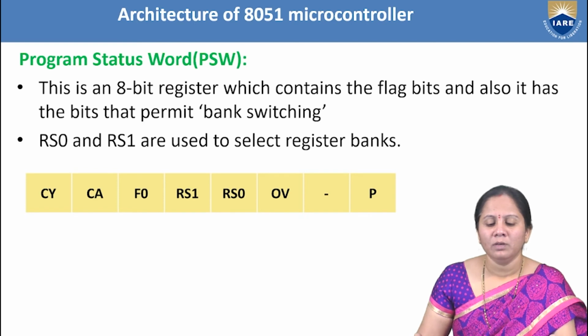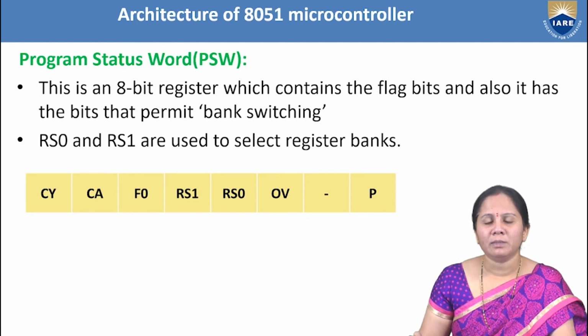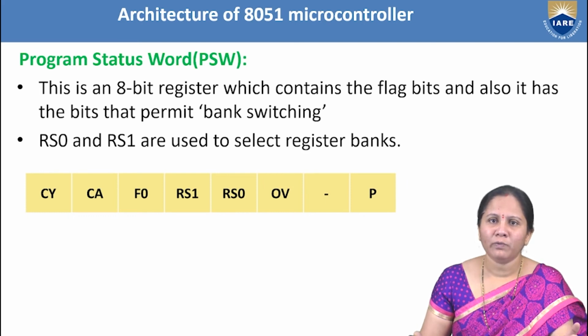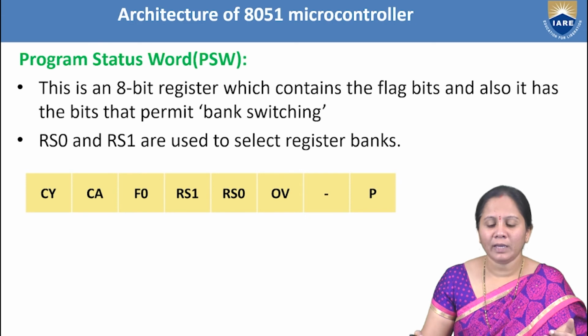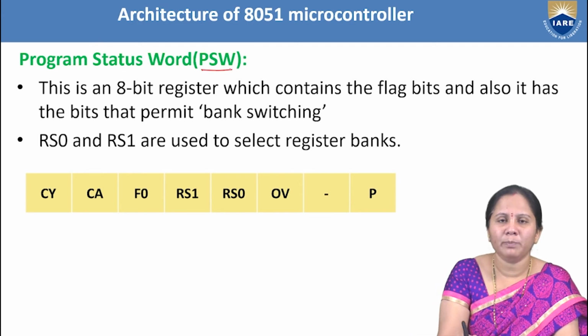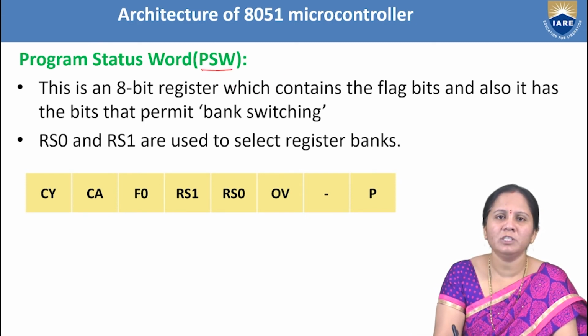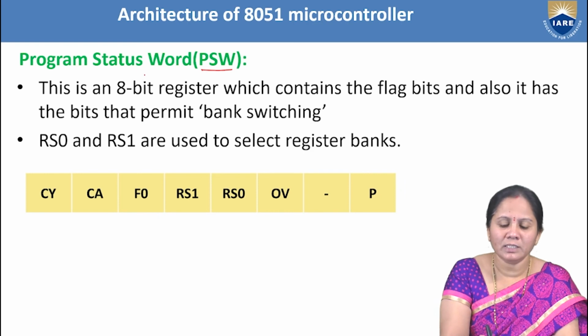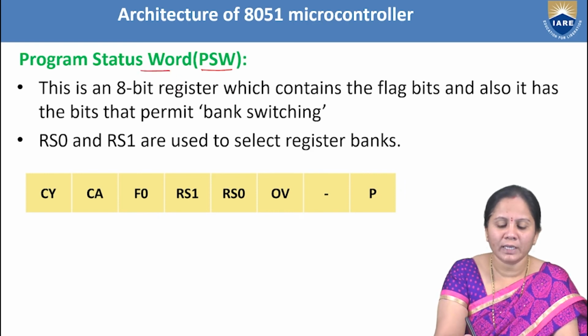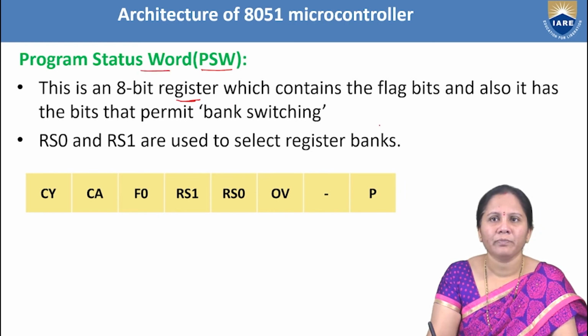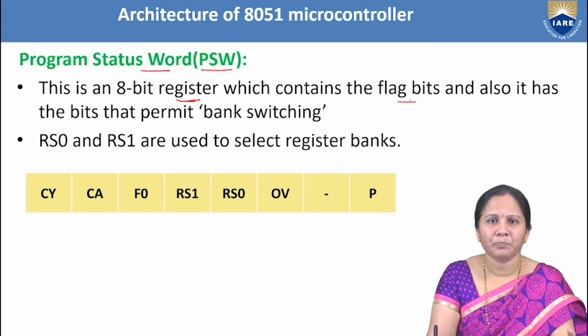Now, after performing the arithmetic and logical operations, the result of the ALU will be reflected on the flag register. Here the flag register can also be called PSW. PSW means program status word. It is an 8-bit register, and it consists of different flags.